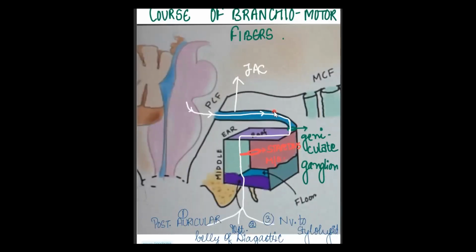Moving on to the course of the branchiomotor fibers. The seventh cranial nerve, which is the facial nerve, comes out of the nucleus and follows its path. It comes into the internal auditory canal, and then before entering the middle ear, it reaches a ganglion called the geniculate ganglion.